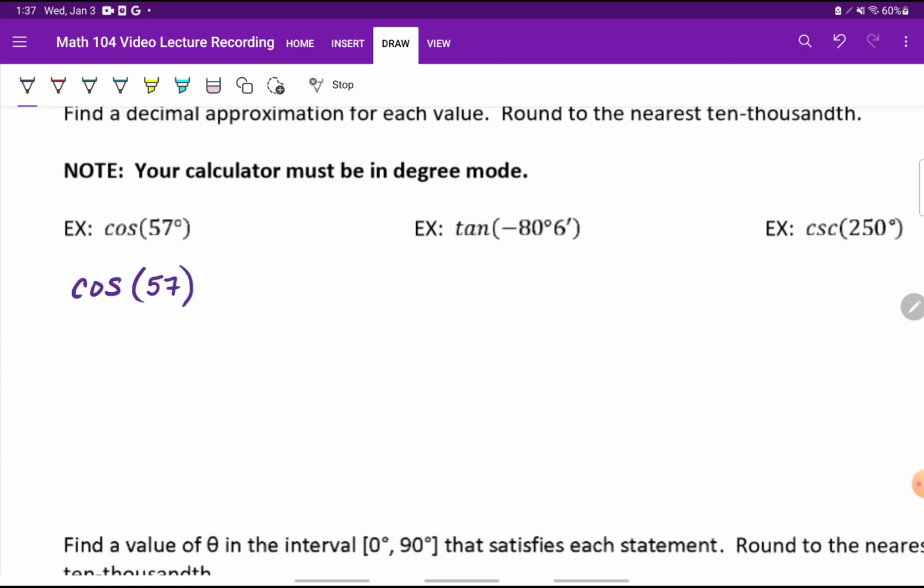You do not need to put the degree symbol in because we are in degree mode, and then we just hit enter on our calculator. Remember that the range for cosine is in between -1 and 1, so I'm anticipating a number in that range. Rounding to the nearest 10,000th, we get 0.5446.